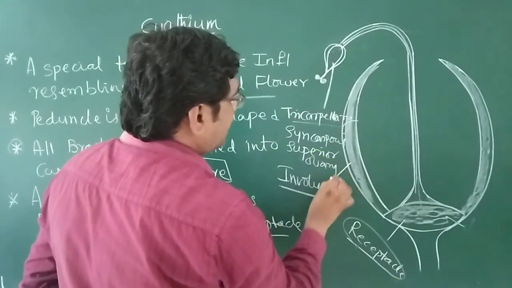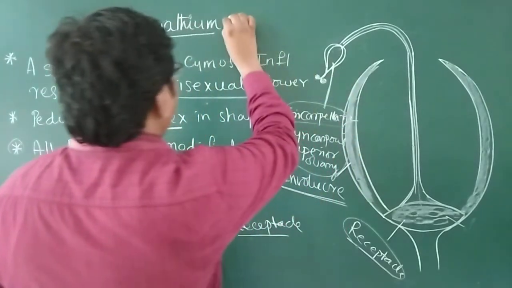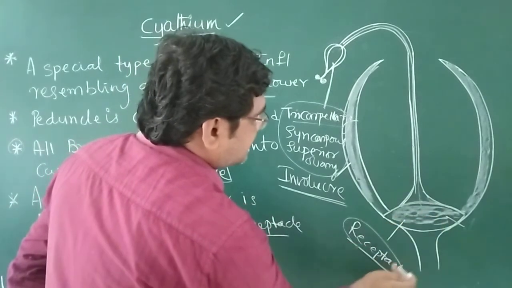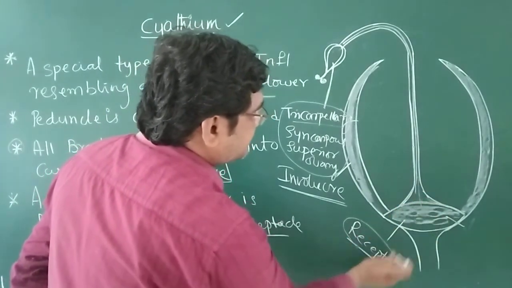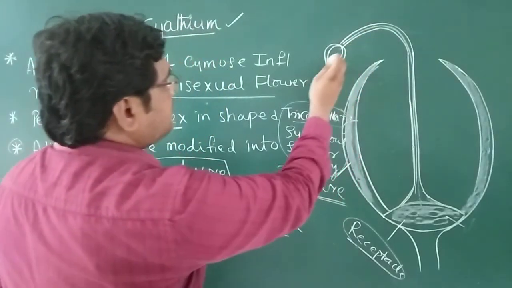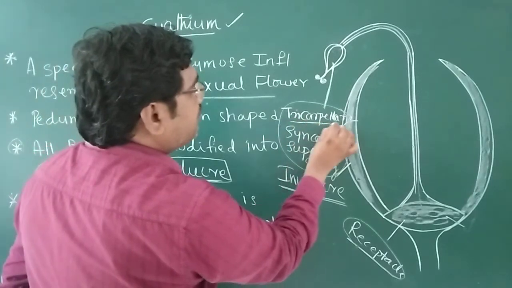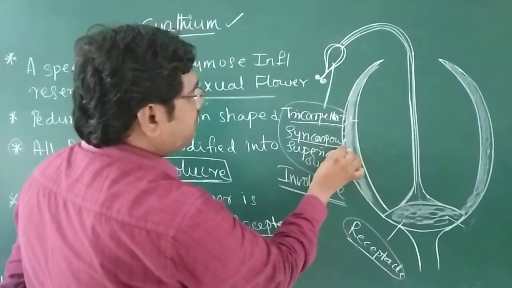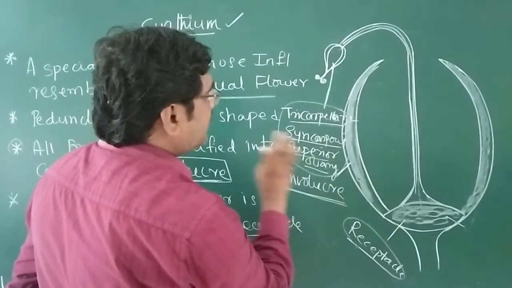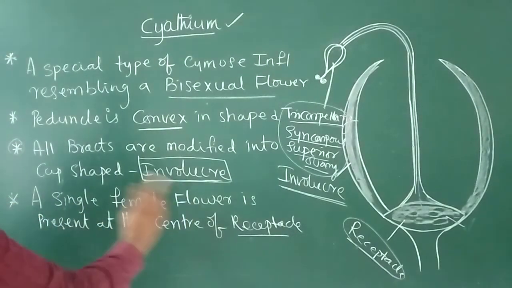So these are the characters of the female flower in the cyathium. In the cyathium, at the center of the receptacle, a single female flower is there, with a tricarpellary syncarpous superior ovary. So this is the single female flower.